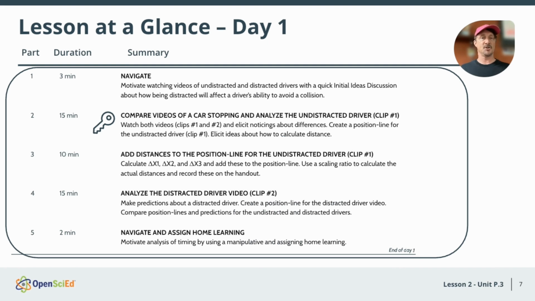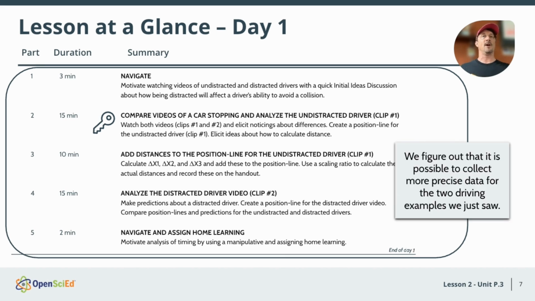In this first section, we're focused on analyzing video data of distracted and undistracted drivers, or one driver in particular. So we track position and distance, but then we figure out that it is possible to collect more precise data for the 2 driving examples we just saw if we're focused on time as well.